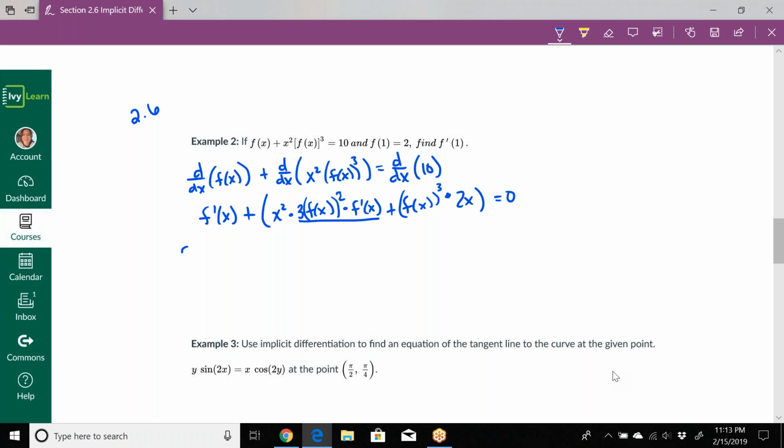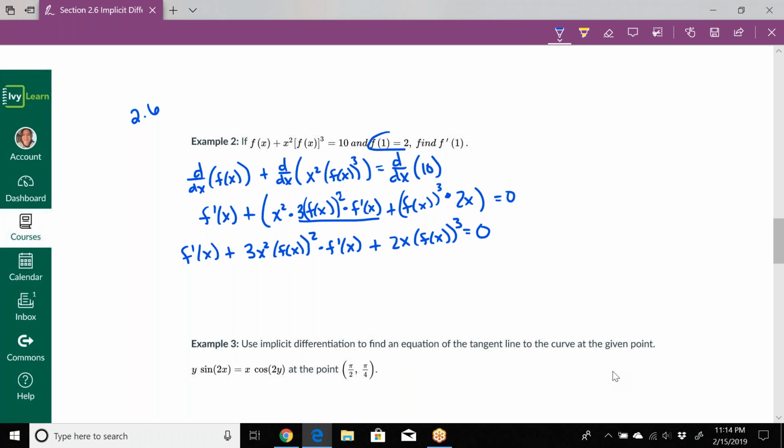So I'm just going to try to clean this up a little bit. This is f prime of x plus 3x squared f of x squared times f prime of x plus 2x f of x cubed equals 0.